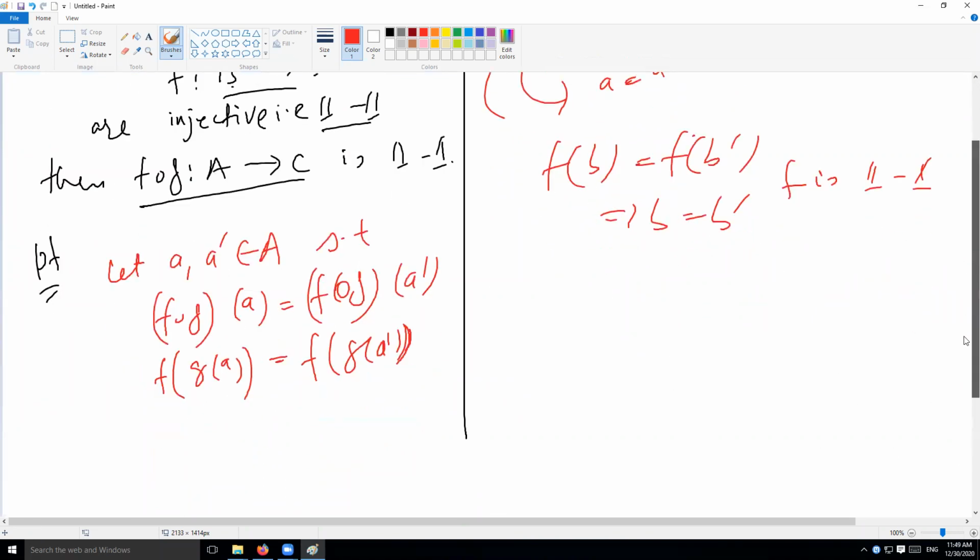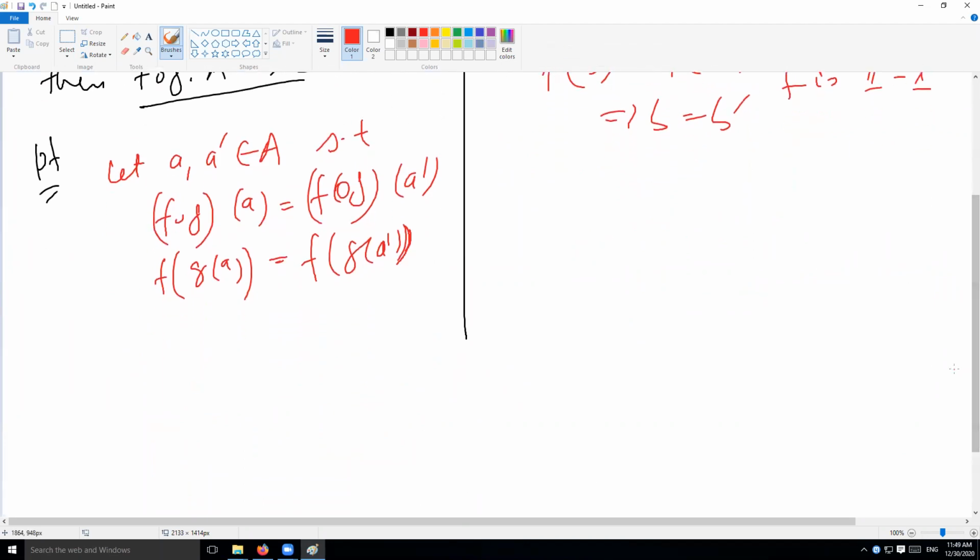Yes, sir. Now if F of G of A is equal to F of G of A prime, what would be the implication? The inputs are equal: G of A equal to G of A prime, because F is 1-1.